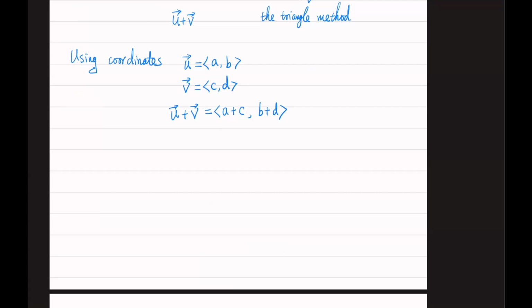Then for vector addition, we have the commutative rule and the associative rule, the same rules we had for regular addition.